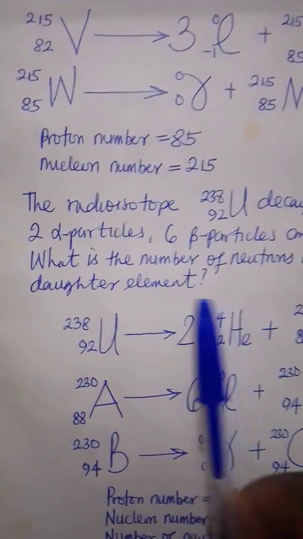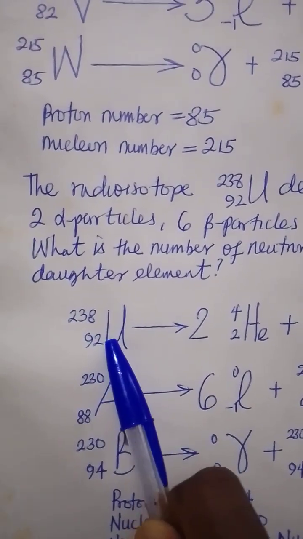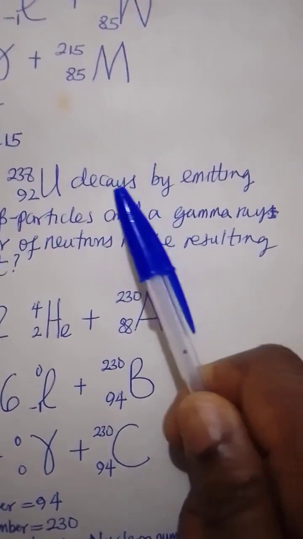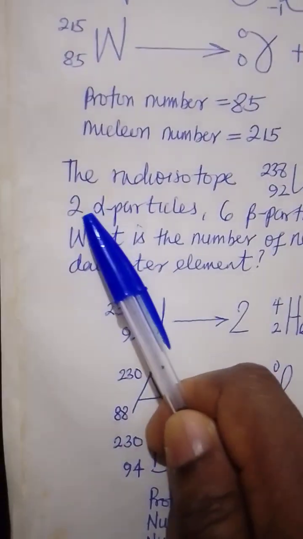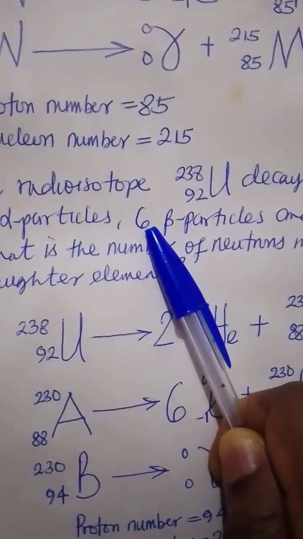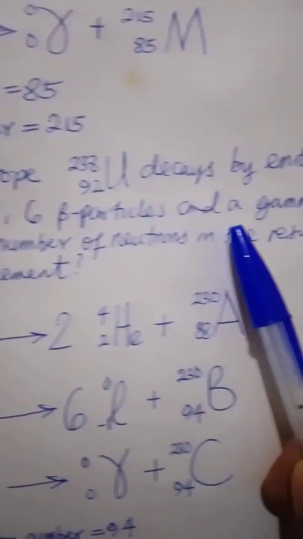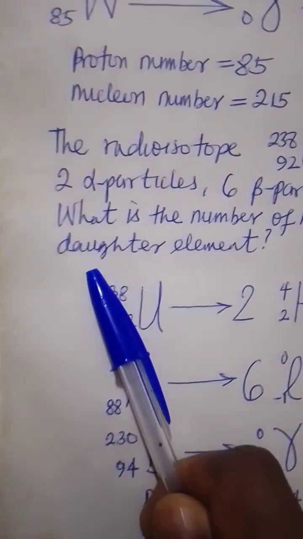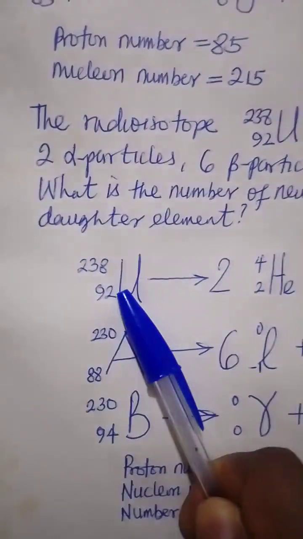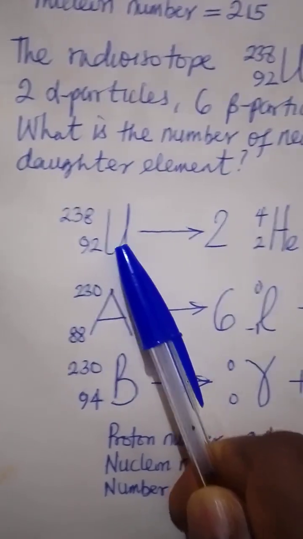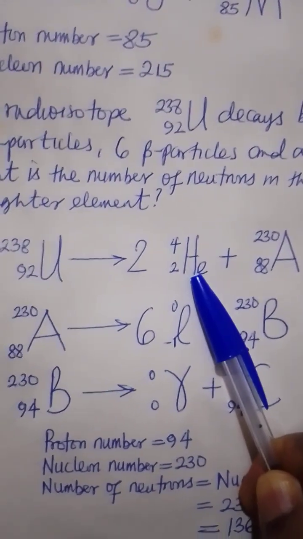So we're given uranium-238 92. We're told that it decays by emitting, take note of these, 2 alpha particles, 6 beta particles, and a gamma ray. So we start by writing the radioisotope 238 92, emitting 2 alpha particles.